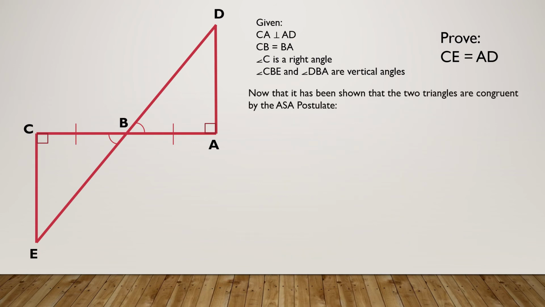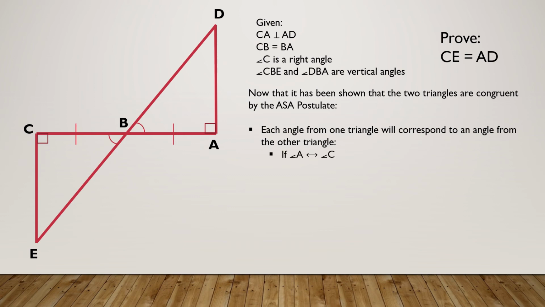So now that it's been shown that the two triangles are congruent by the angle, side, angle postulate, we can break this information down a little bit more. So each angle from one triangle will correspond to an angle from the other triangle. And we found this to be true, that if angle A corresponds to angle C and angle CBE corresponds to angle DBA, then we can also say that angle D corresponds to angle E because we've established that these are congruent triangles because of the angle, side, angle postulate.